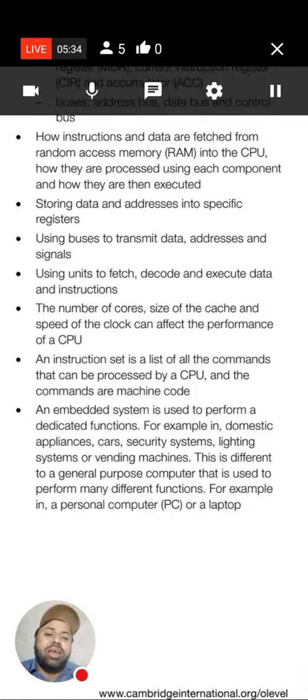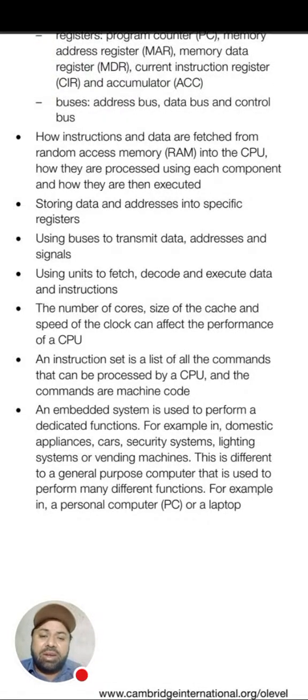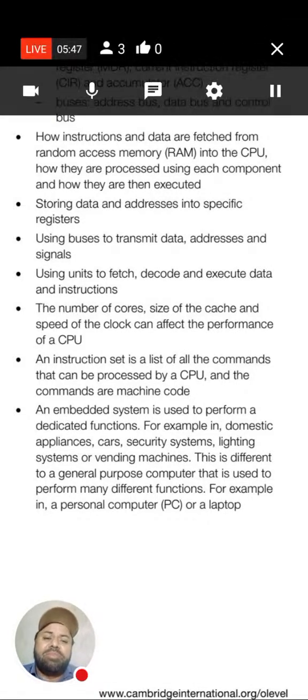What is volatile? When the power switches off, all the data goes off. But nowadays there are many techniques that also save data. The basic purpose of the CPU is to take data from RAM, process it, and give it back to output devices such as monitors.